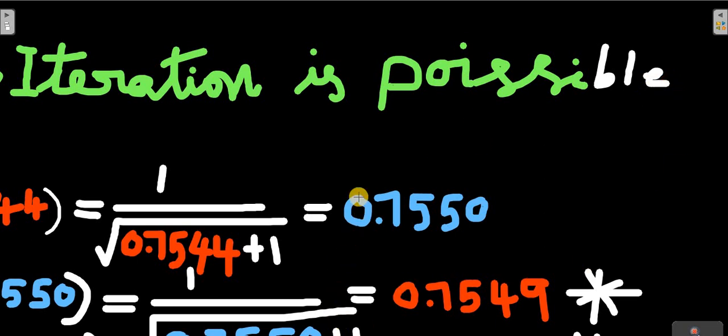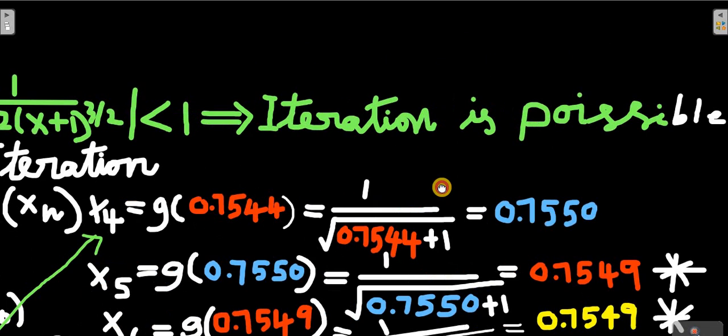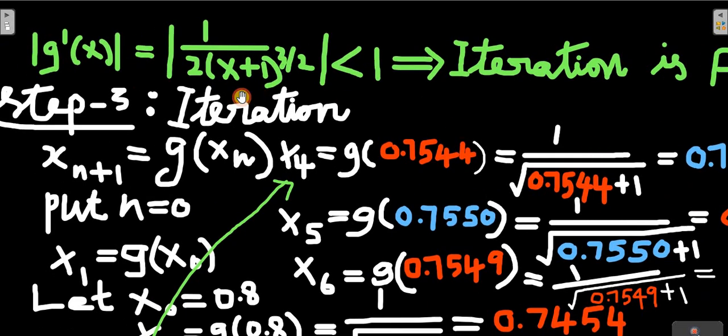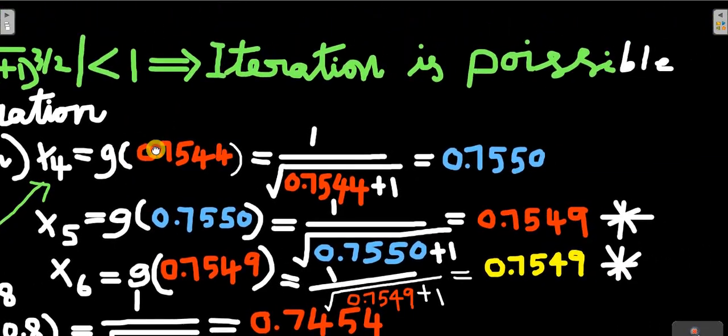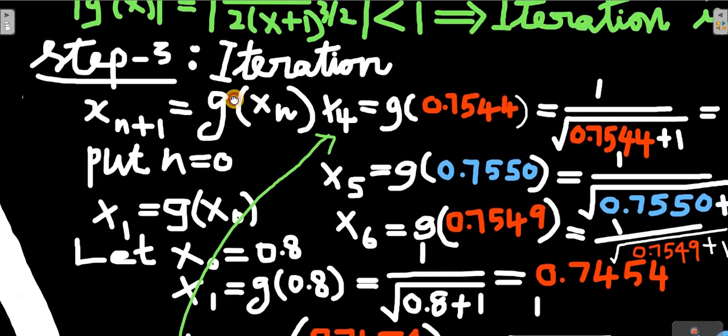Iteration is possible here because the condition is satisfied. Which condition is satisfied? The absolute value of g dash of x is less than 1. Therefore, the condition is satisfied, and iteration is possible. Now, what is the next step?